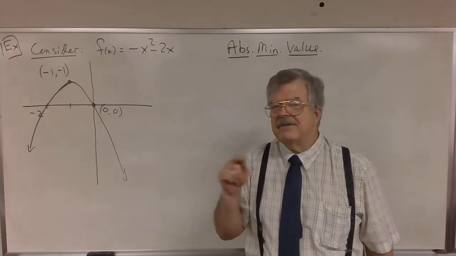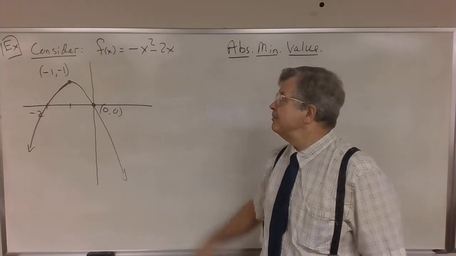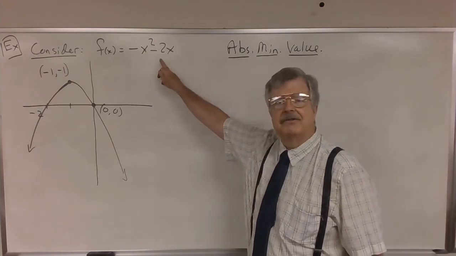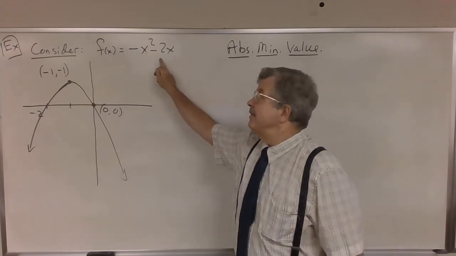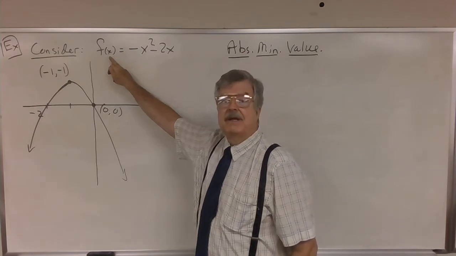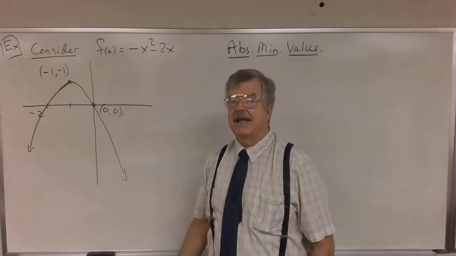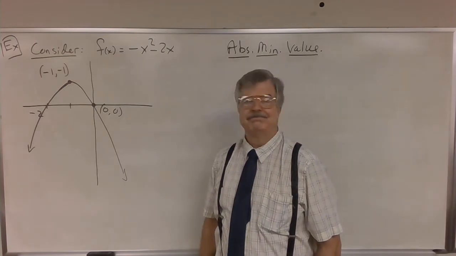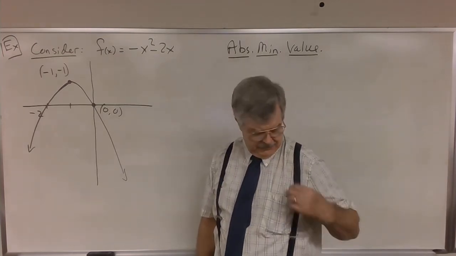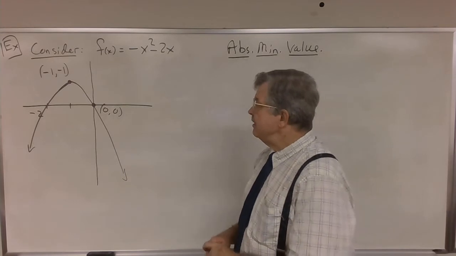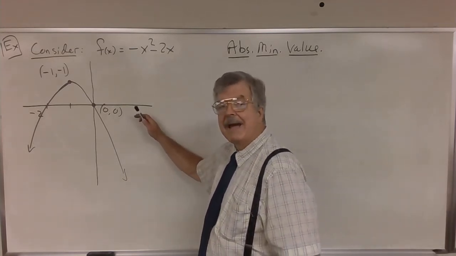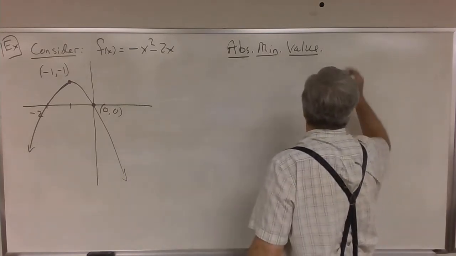But if negative infinity is the absolute minimum value of this function, there ought to be an x value that we can plug in here and get negative infinity. Is that going to happen? So here's a function that has no absolute minimum value.